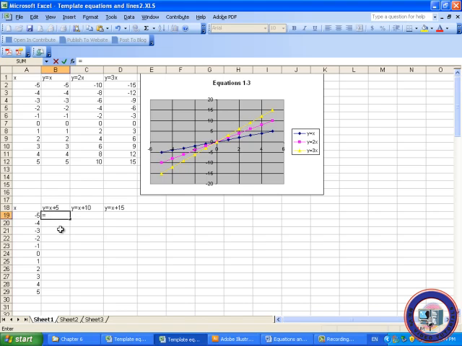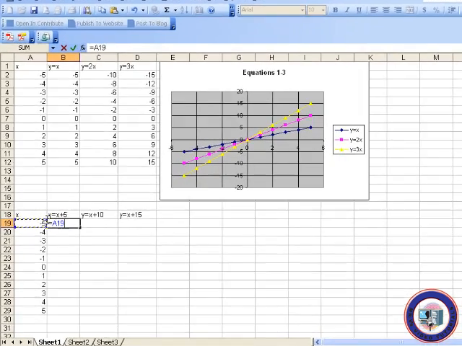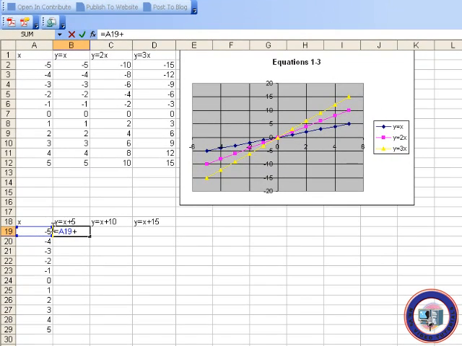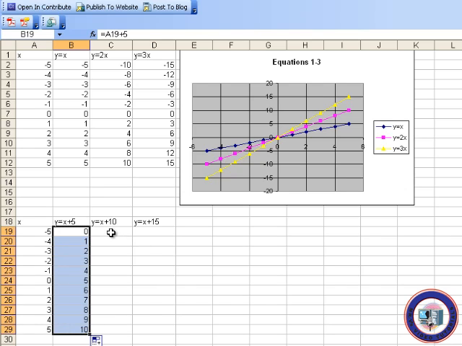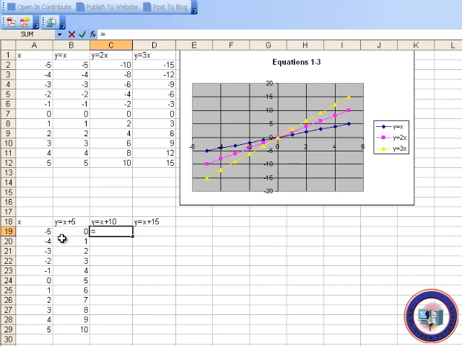We're going to go equals, okay, it's going to be x plus 5. And I'm going to hit enter. So it's 0. Click on it, drag it down. Equals.